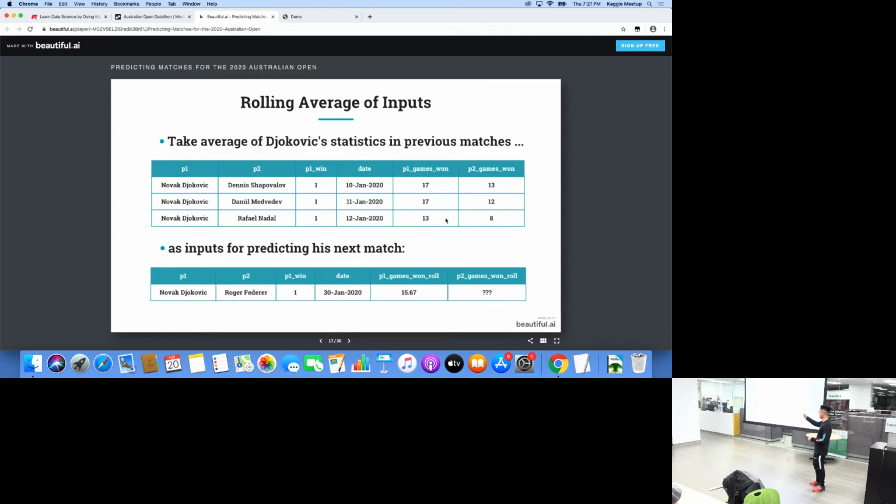Whereas Novak and Federer have come across each other multiple times in their careers, so it works well for the really high level players. But even then, those matches are across two decades of career tennis, so that's going back a long time. So there are some pitfalls of that approach, but it's a very interesting idea.